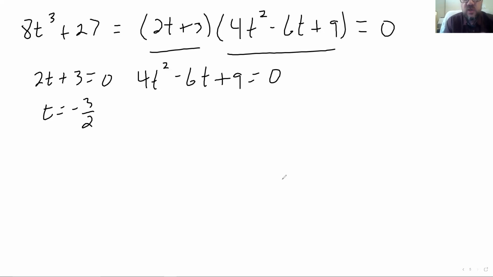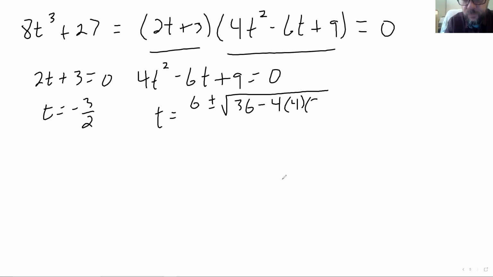We can still solve that equation. We just have to use the quadratic formula or completing the square. So that's what I'm going to do. I'm going to use the quadratic formula and say that t is equal to minus b plus or minus the square root of b squared minus 4ac, all over 2a.